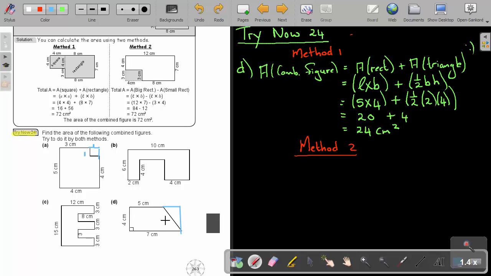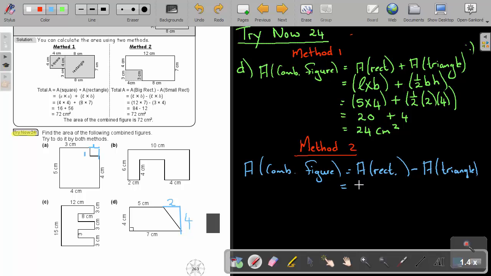So if this is 7 and this is 5, so this will still be 2. And if this is 4, then this will also be 4. So if I want to find the area of that combined figure, I'm going to say the area of the rectangle, and I'm going to subtract the area of that other triangle.